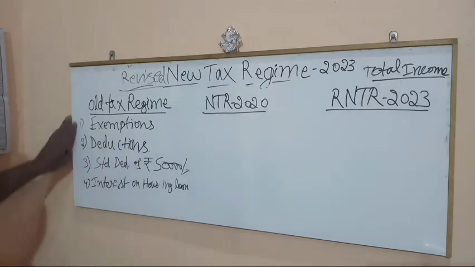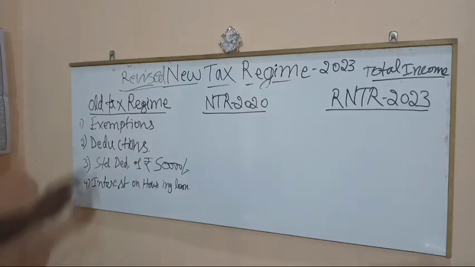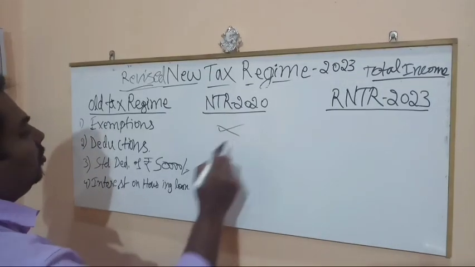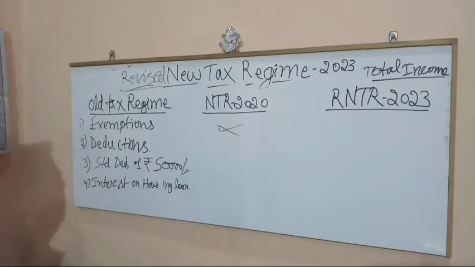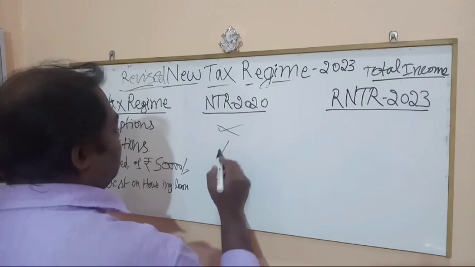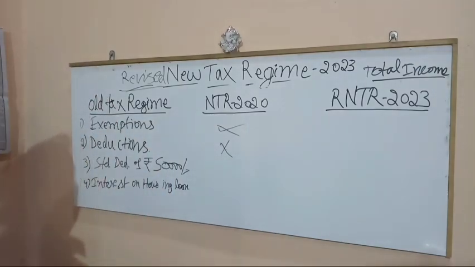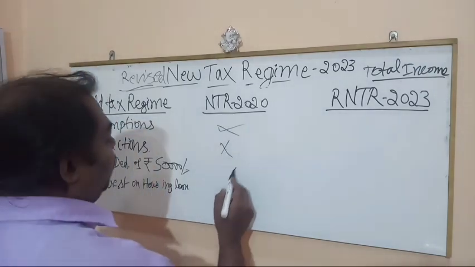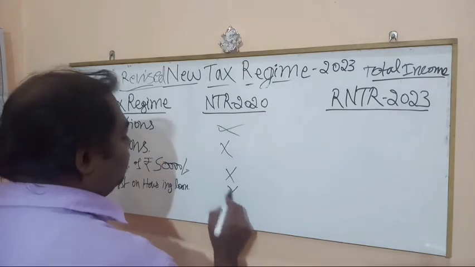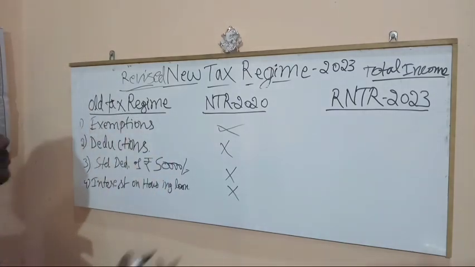So these are the major exemptions and deductions which were available in the old tax regime, but they were removed in the new tax regime. In the new tax regime, you are not eligible to claim any exemptions, and you are also not eligible to make any deductions. And standard deduction was also removed, and you are not eligible to claim any interest on housing loan also.